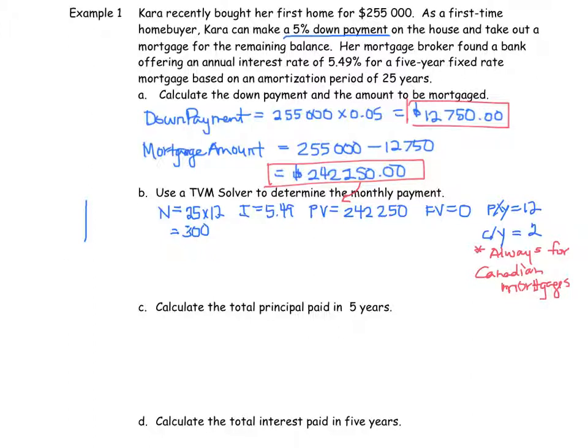So your number of payments per year will change depending on your payment schedule, but the compounding periods per year will always be 2. It's always compounded semi-annually.